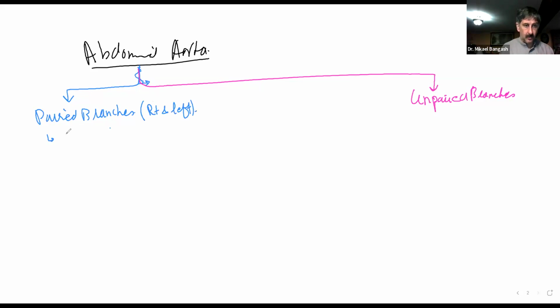Paired branches will mostly be the renal arteries. Of the renal arteries, we call the suprarenal arteries.